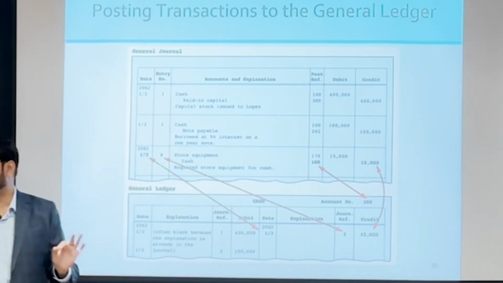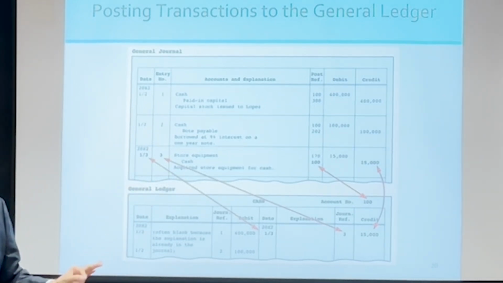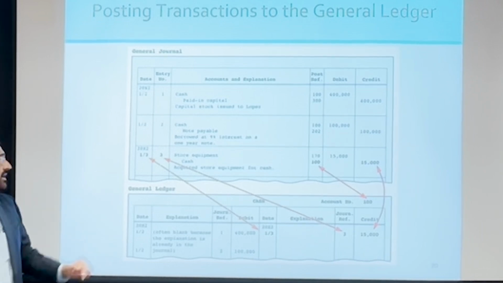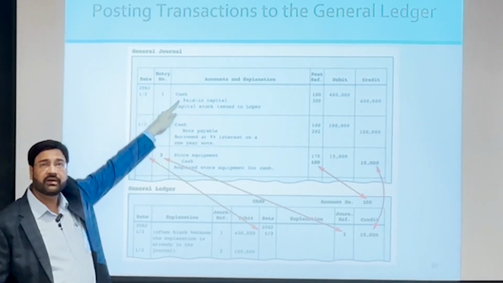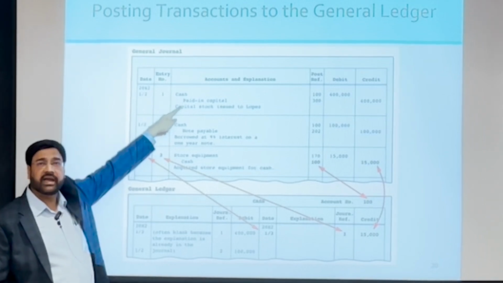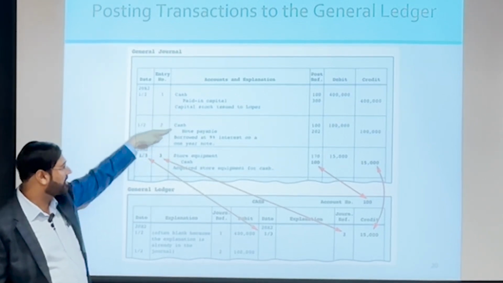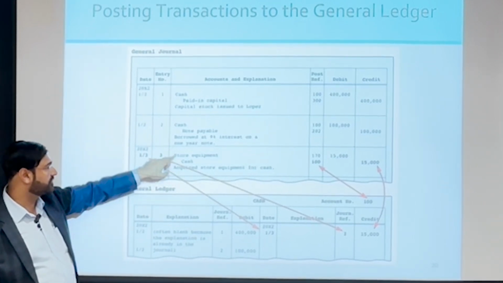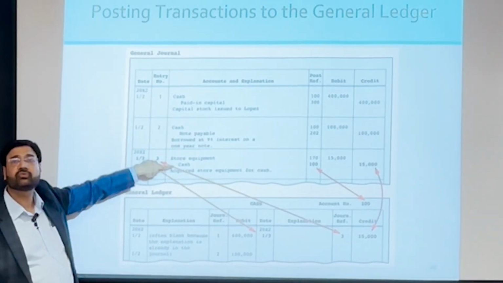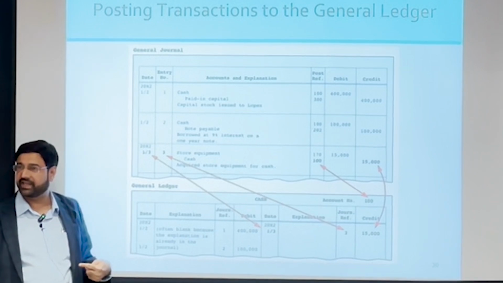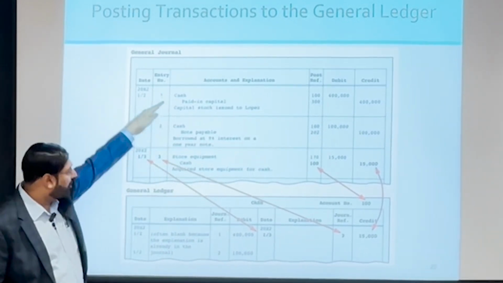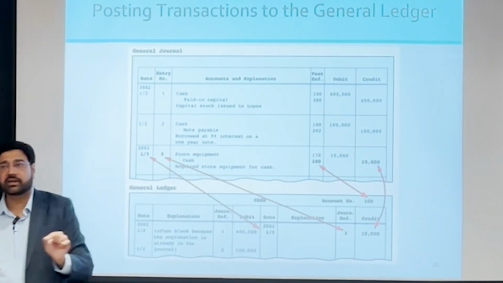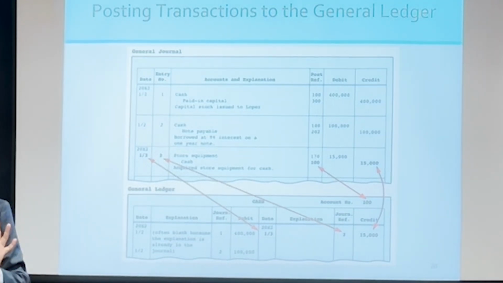From our basic accounting equation, assets equal to liabilities plus equity, we already know that when one asset goes up, either equity has to go up or liability has to go up, or another asset has to go down. Are you getting what I am saying? Yes. So, we have covered all 3 examples of the accounting equation.